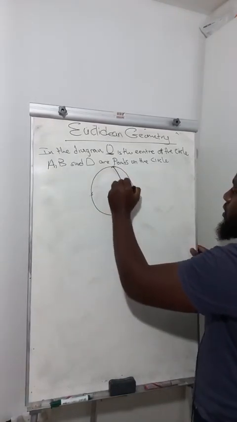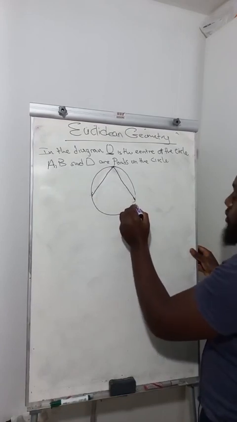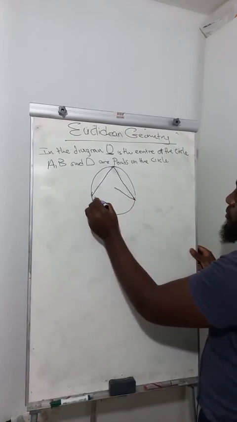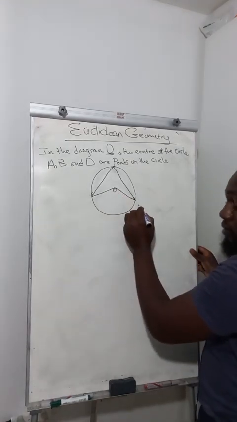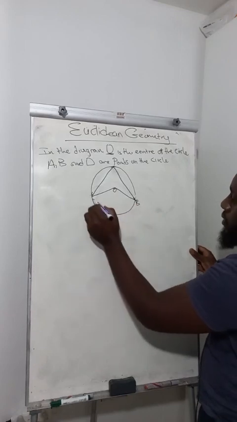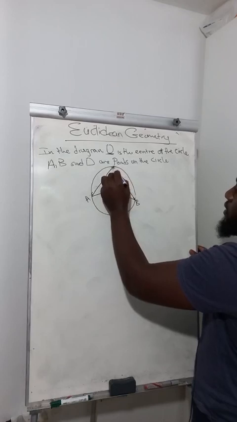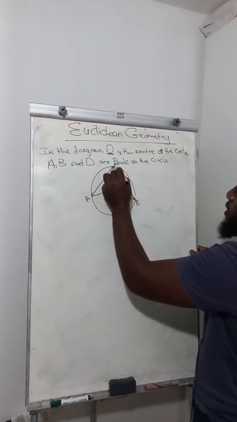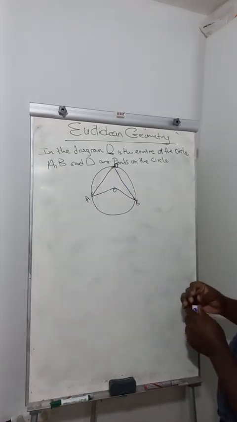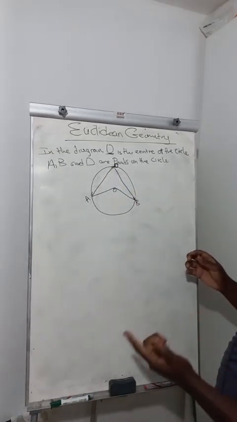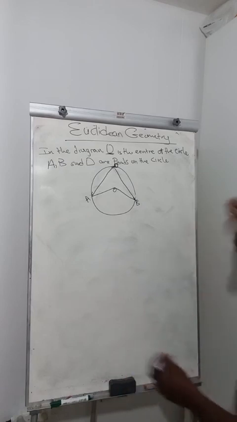You're having something like this, and this is O, and then this is B, then this is A, and here this is point D. And then it's saying, using Euclidean geometry methods, prove the theorem. Yeah, they're saying prove.